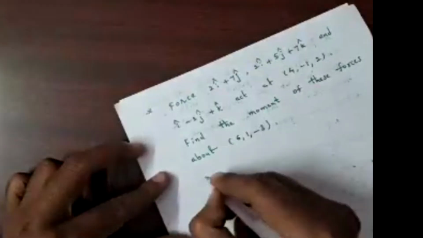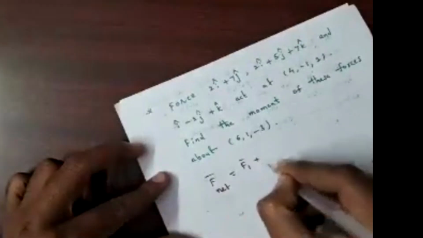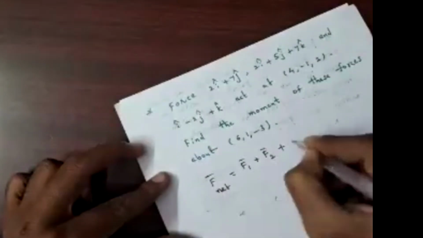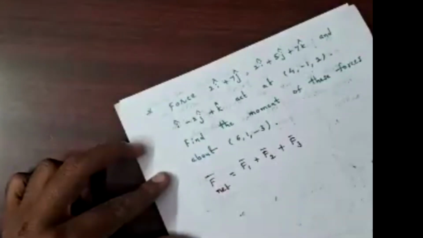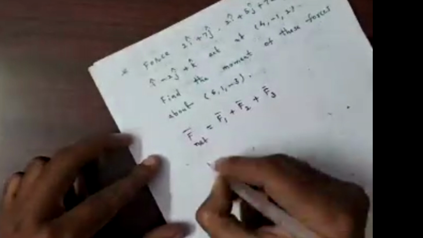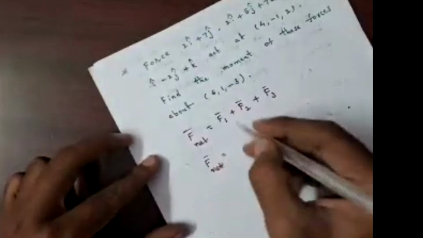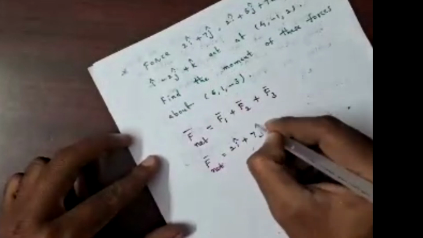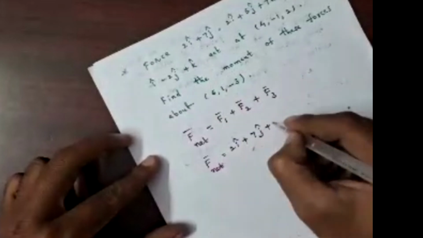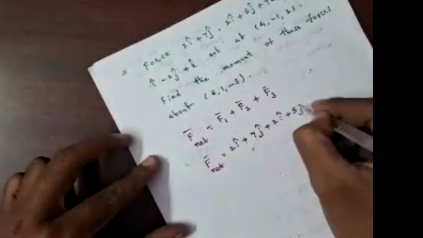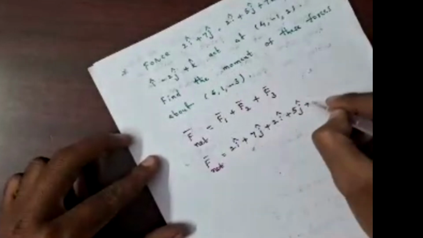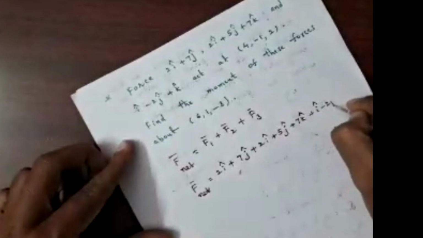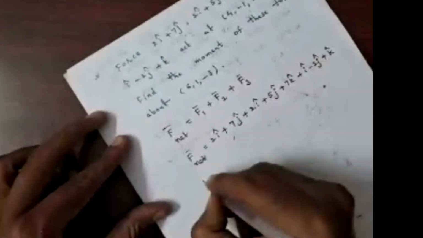Take the calculation of net force. F net is equal to the sum of all three forces, F1 bar plus F2 bar plus F3 bar. F net is equal to 2i cap plus 7j cap, plus 2i cap plus 5j cap plus 7k cap, plus i cap minus 2j cap plus k cap.